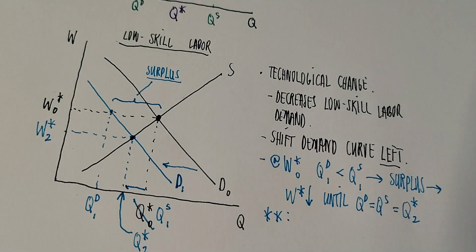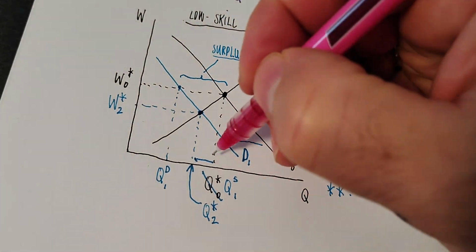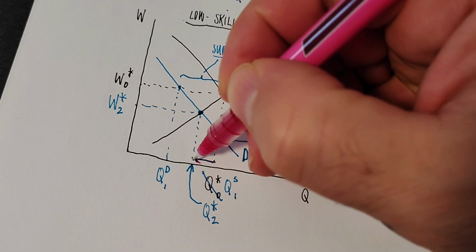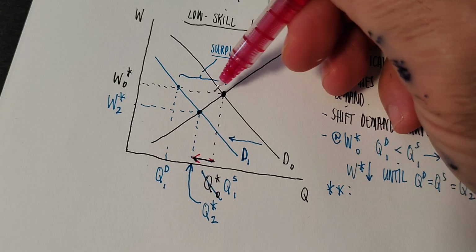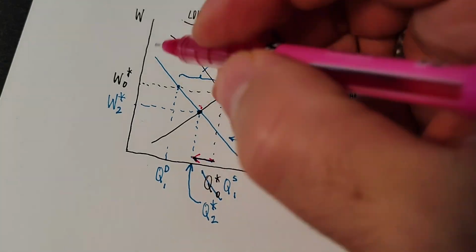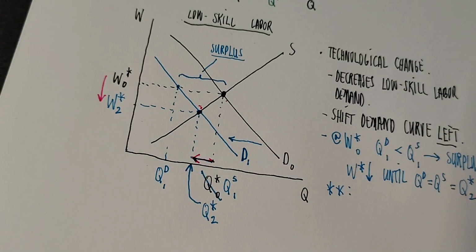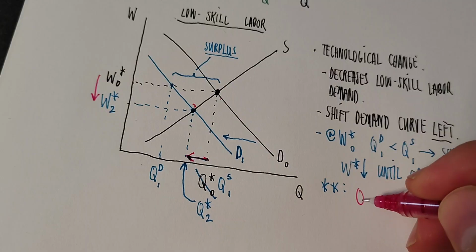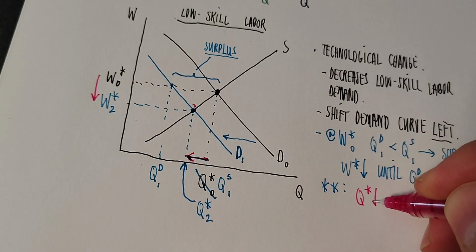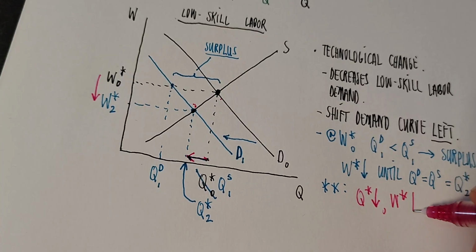Let me do this in a different color so you can clearly see it. So we have a decrease in equilibrium quantity. So there's less low skilled labor hired. You can see the equilibrium went from here to here, just to the left. And we can see that the wage has fallen. All right. So we're going to conclude that Q star has gone down and W star has gone down.